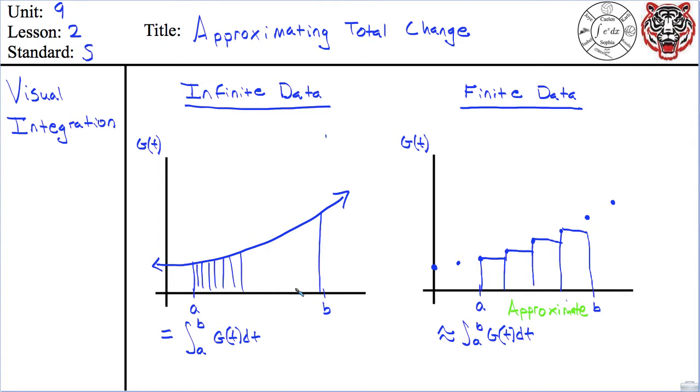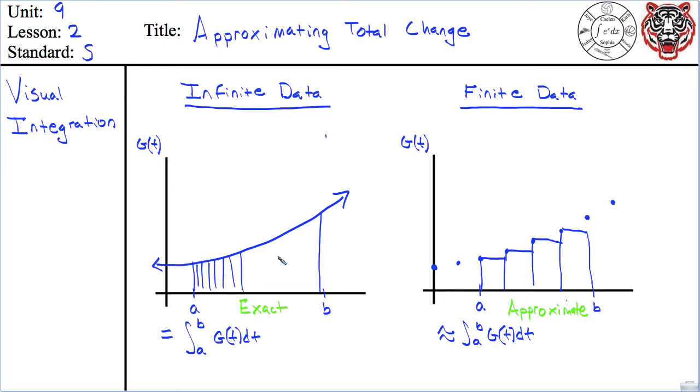And this one was exact, so I can write exact over here as well. Depending on how many points they give us in the interval that we're looking for, the more exact you would be. In fact, if you had an infinite number of points, then you'd have an infinite number of these bars, and you would basically be exact. In fact, that's where this exact is derived from.